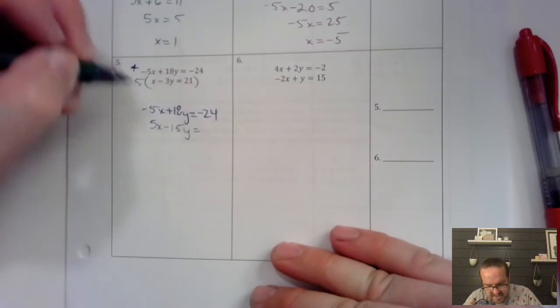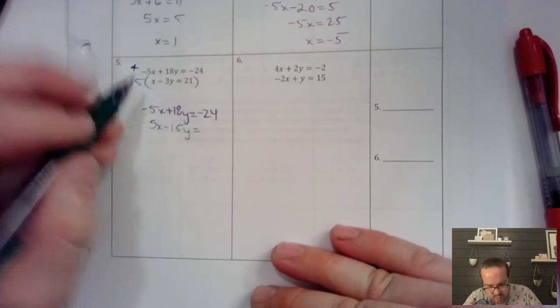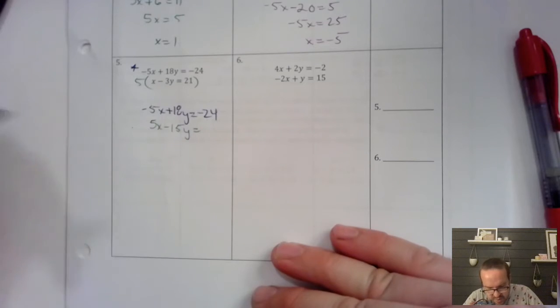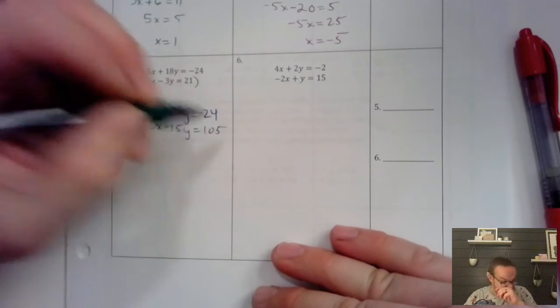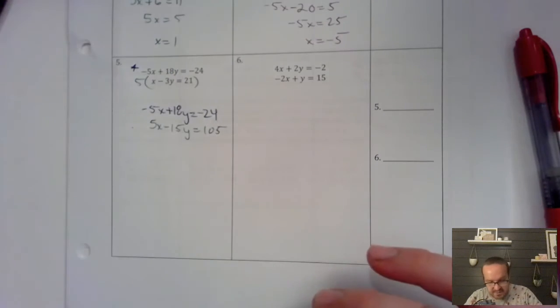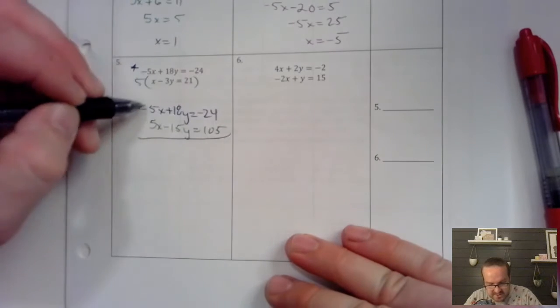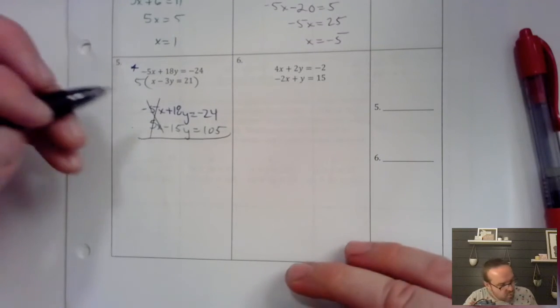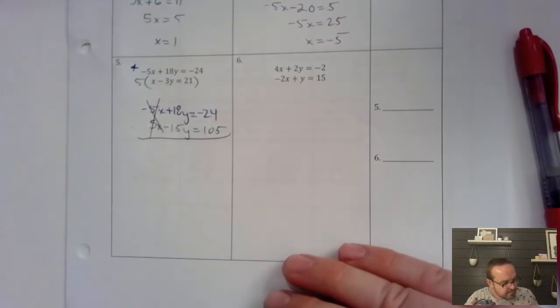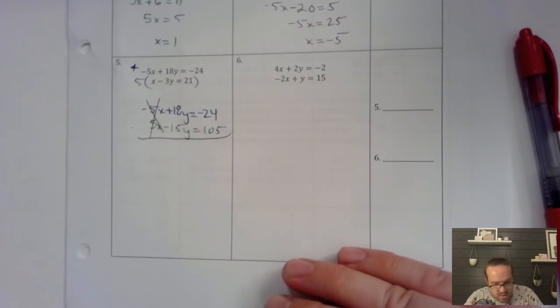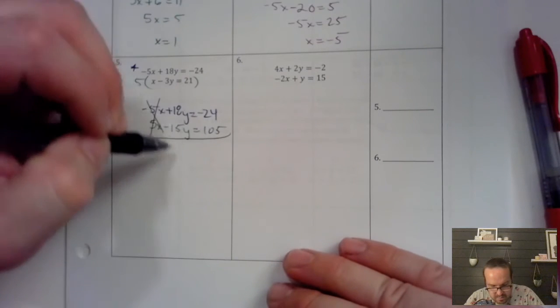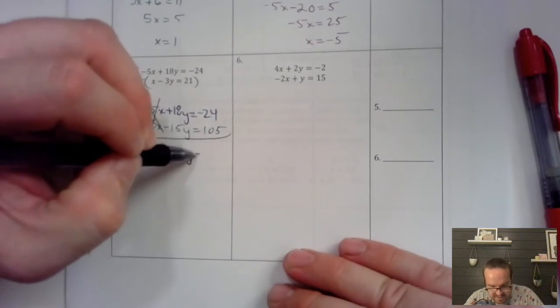So 5 times 20 is 100. 5 times 21, 105. Now I can just add them straight down, and guess what? Those x's are out of there. We have 3y equals, and then it's positive 81.